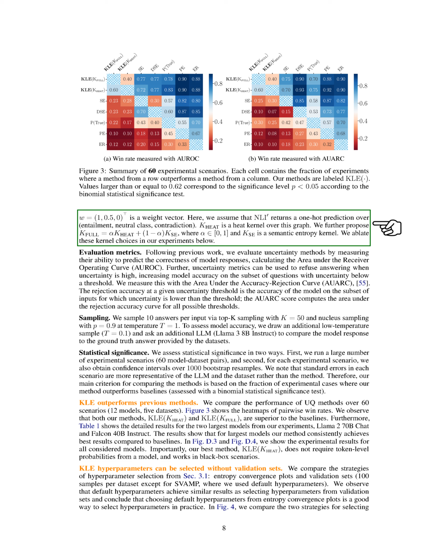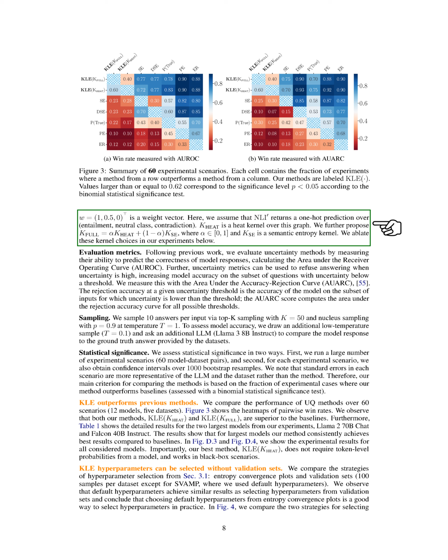We propose two semantic kernels, K_heat and K_full, for KLE, derived from a weighted graph based on NLI predictions. These kernels are evaluated using metrics like AUROC and AUARC to assess their ability to predict model responses and improve model accuracy by rejecting uncertain answers.